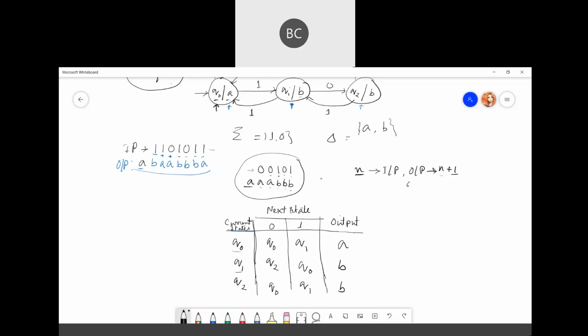B. That's the transition table for your Moore machine. Got it? Clear? Very good. Others clear?